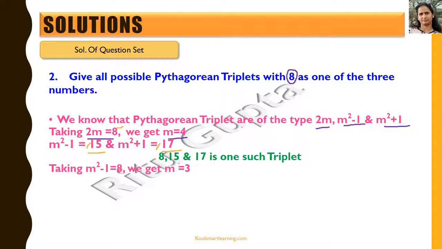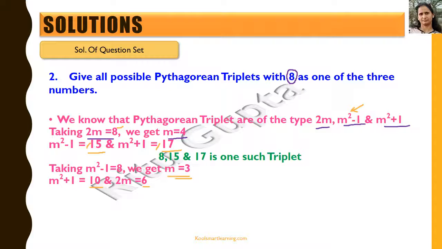Now if we take m square minus 1 equal to 8, because we know that 8 is one of the three, that gives us m equal to 3. And now we put this value in the other two, which are 2m and m square plus 1. We get m square plus 1 equal to 10 and 2m equal to 6.